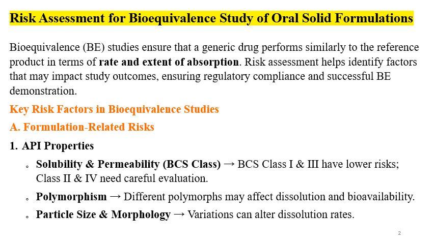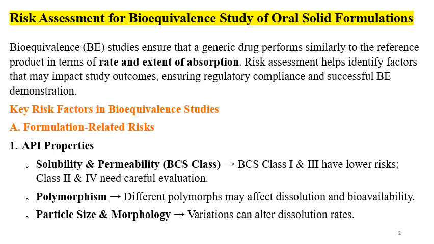First of all, the API should be similar to the innovator or to the reference formulation. API properties like BCS class, polymorphism, particle size and morphology, and some other parameters like degradation behavior, GI stability, and many others have the risk.